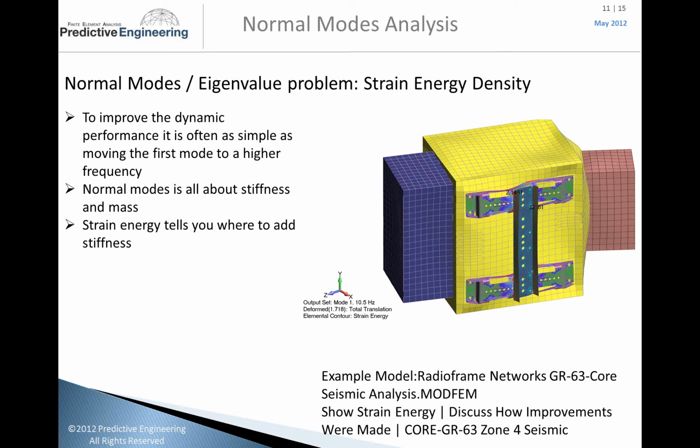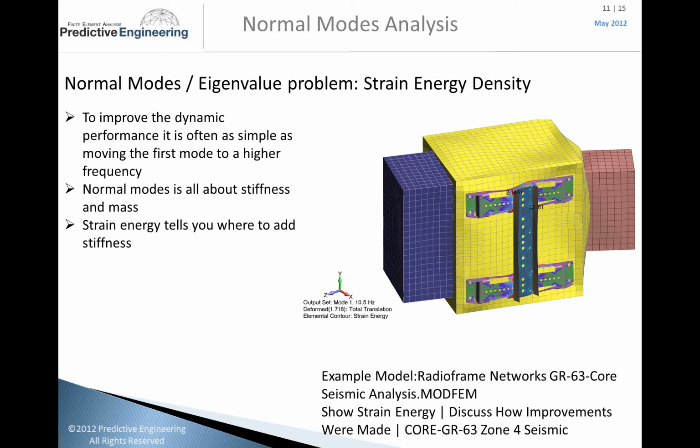It was a seismic analysis, and we needed to move it above a certain threshold. The simplest way was to reinforce the bracket in areas of high strain energy. If you attack the regions that have high strain energy, you're going to increase the frequency of that first mode.